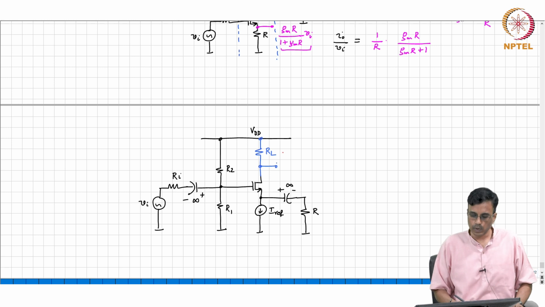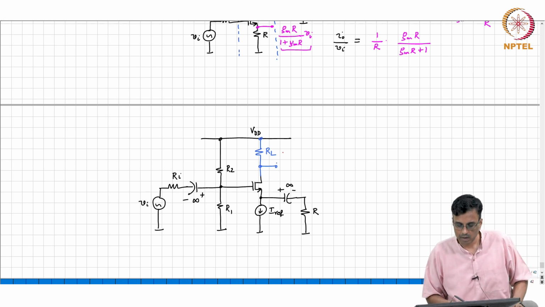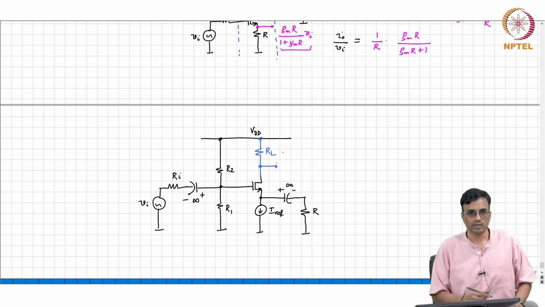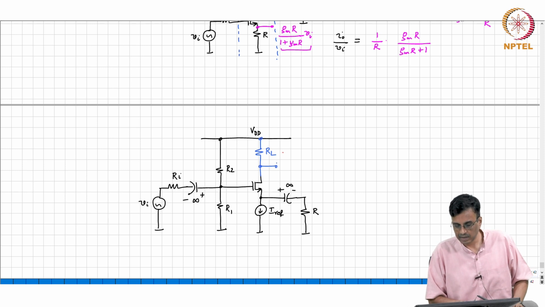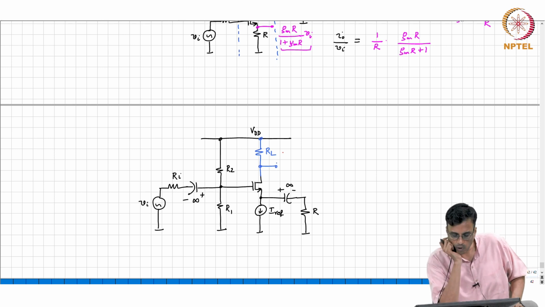And what comment can you make about the incremental voltage at the drain of the transistor? What is the incremental voltage at the drain?